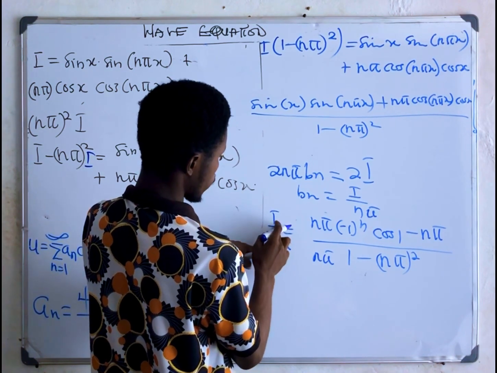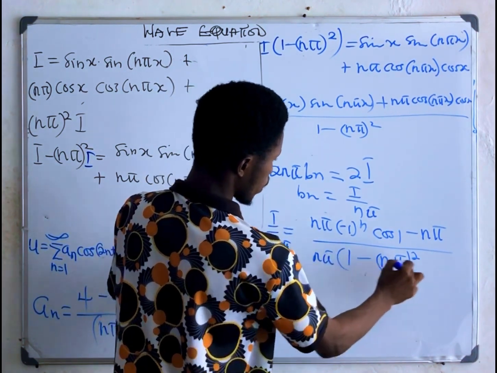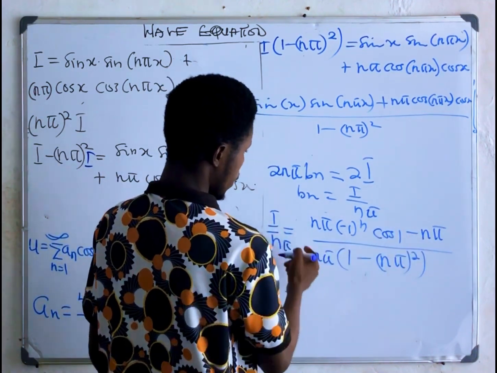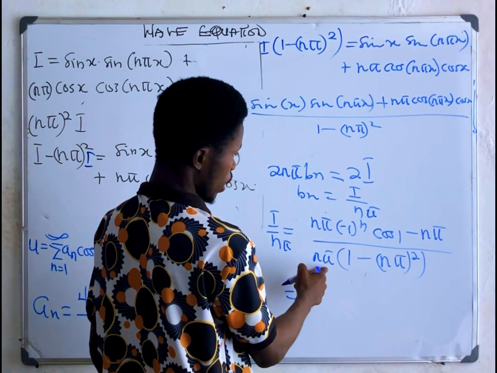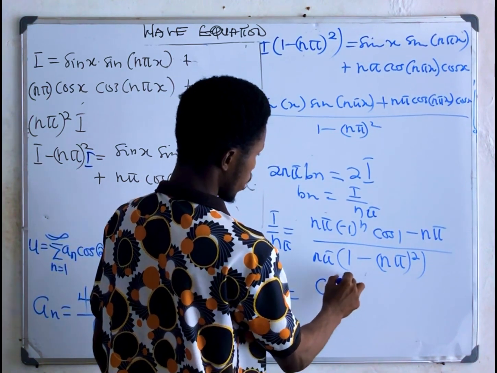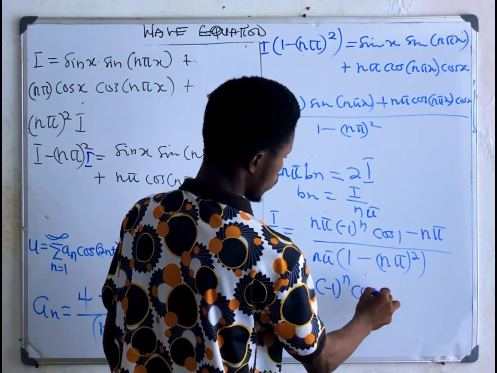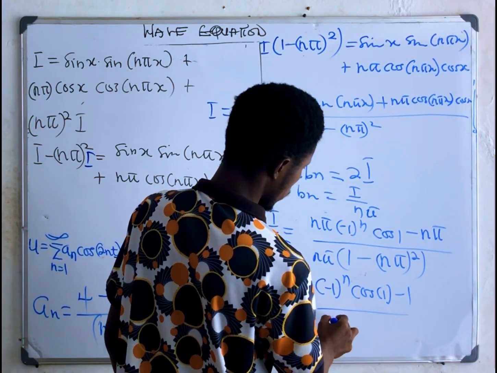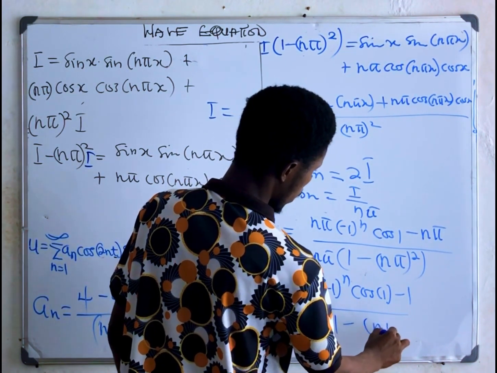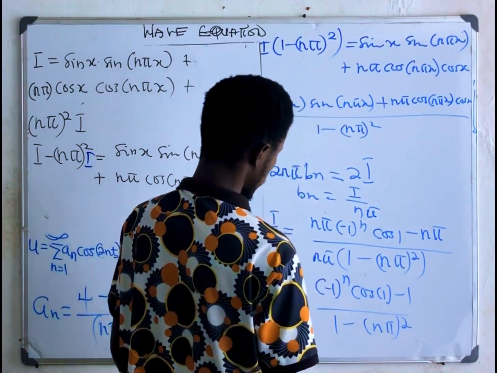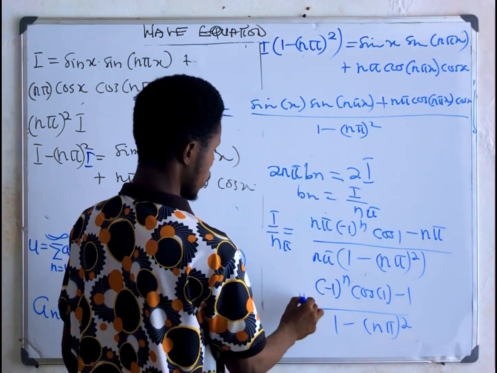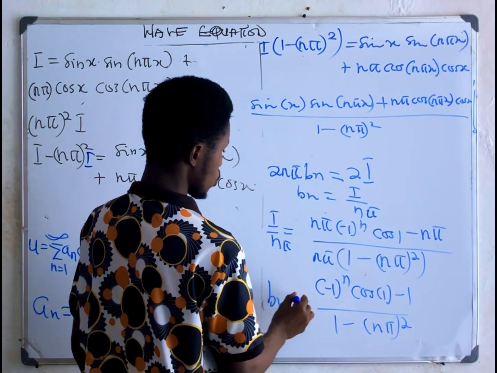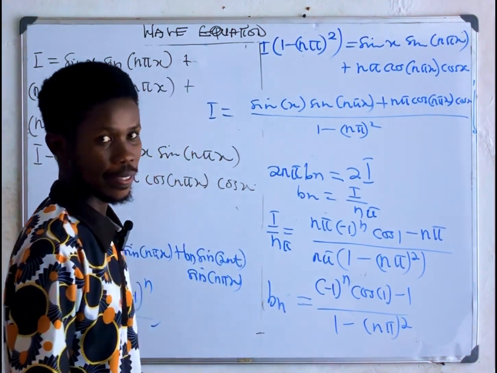So I'm going to have that n pi is multiplied by this. If I factorize n pi out, you see it will cancel this, leaving negative 1 to the power n cos 1 minus 1, all divided by 1 minus n pi squared. And this gives us bn. So this is our bn.